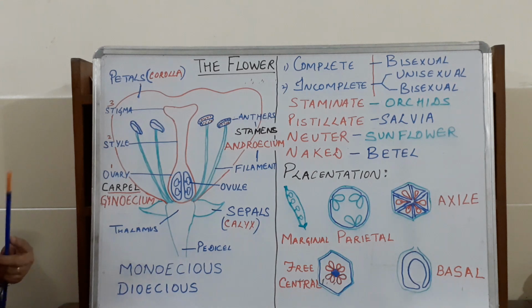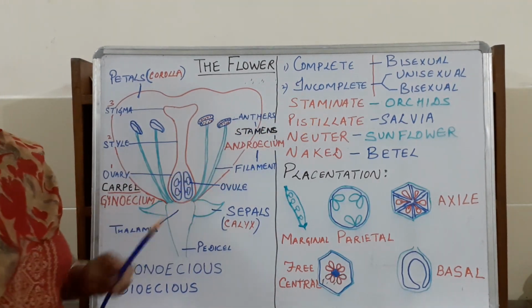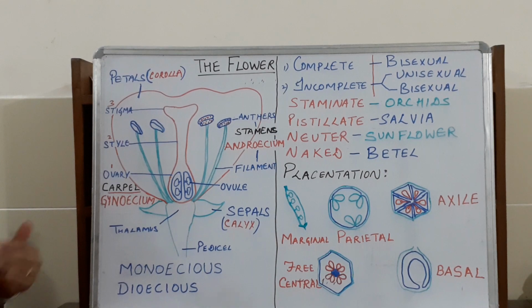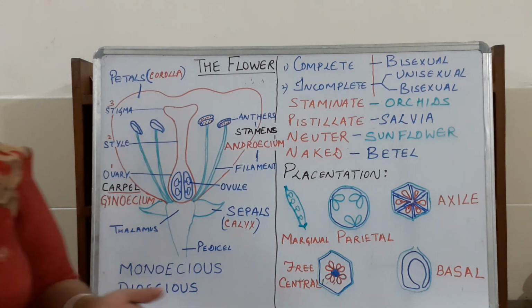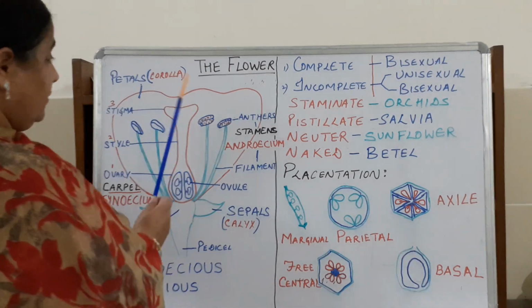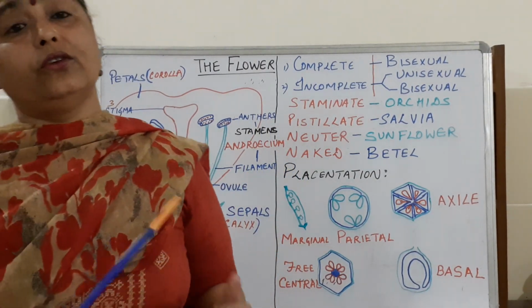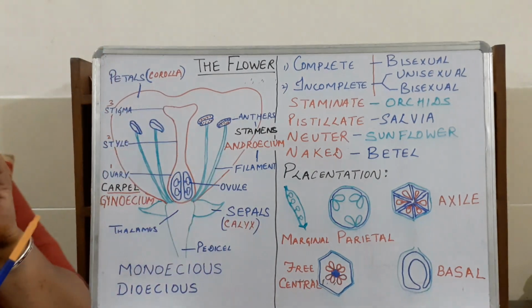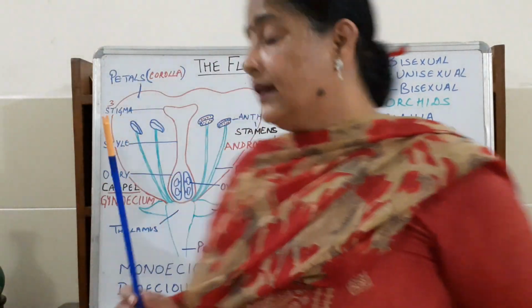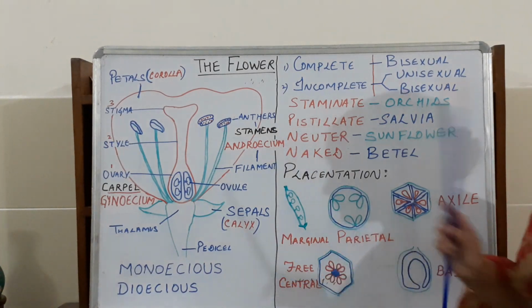And now coming to the next set of terminologies, both the staminate and pistillate flowers may be present on the same plant or on different plants. If the staminate and pistillate flowers are present on the same plant, that is on one plant, then this condition is called monoecious.